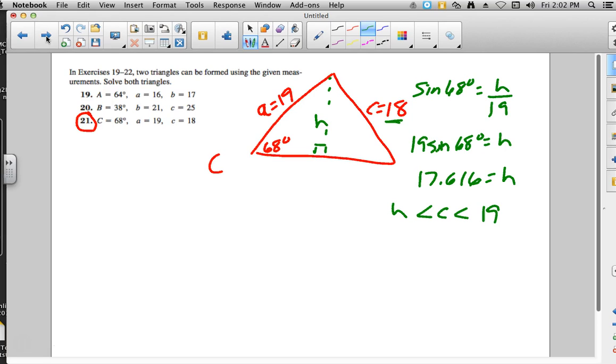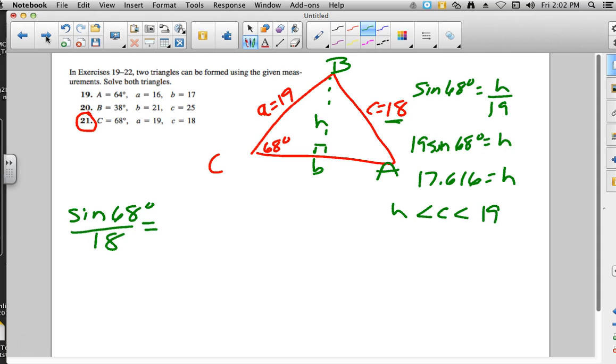So we go back and we start finding all of the missing information, and we realize this is going to be a capital A, and that makes this a capital B and this a little b. So we go with the one they gave us, which is the sine of 68 degrees over 18.